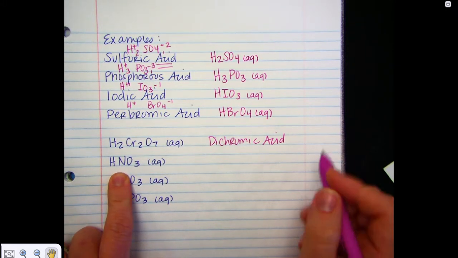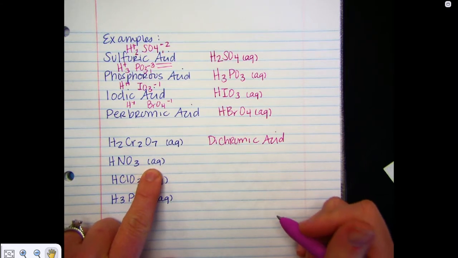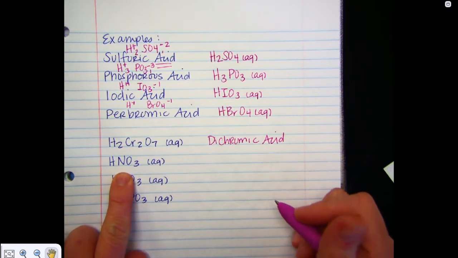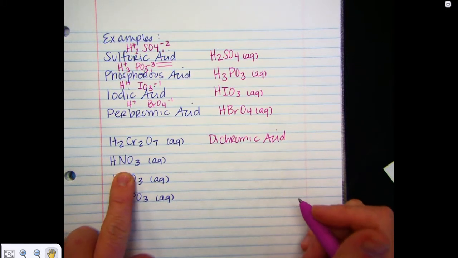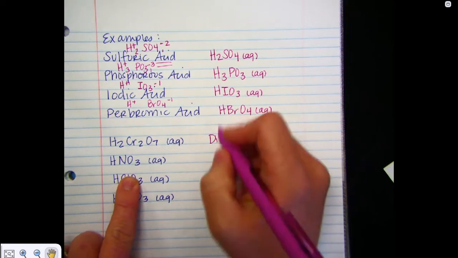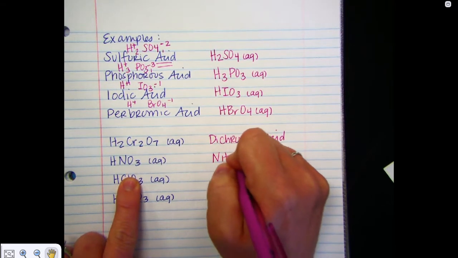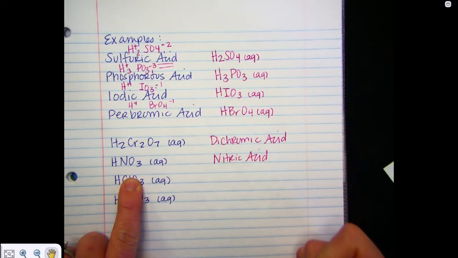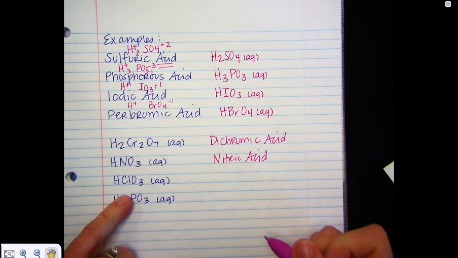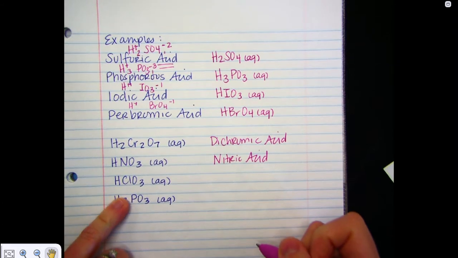HNO3 AQ. So once again, the AQ tells me, oh, this is an acid, and I can recognize, here's my polyatomic. NO3 is what polyatomic? That's nitrate. Ate goes to ic, so this is nitric acid. Okay. Next one, HClO3 AQ.